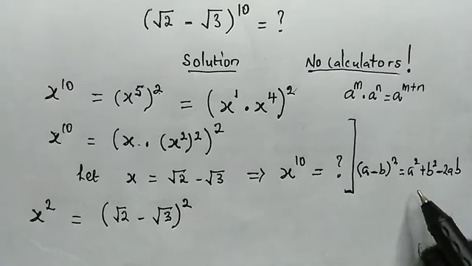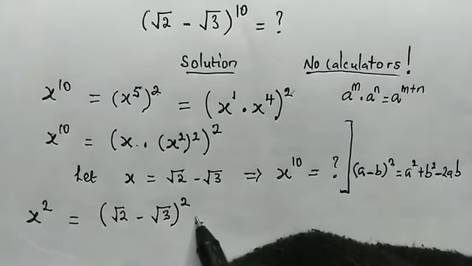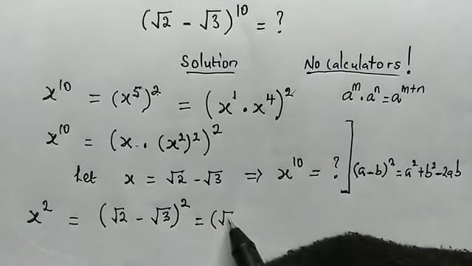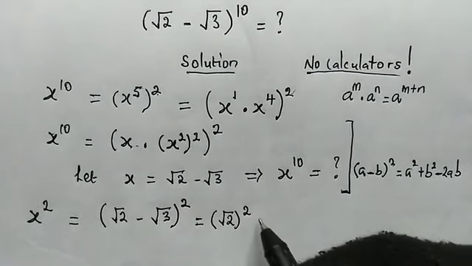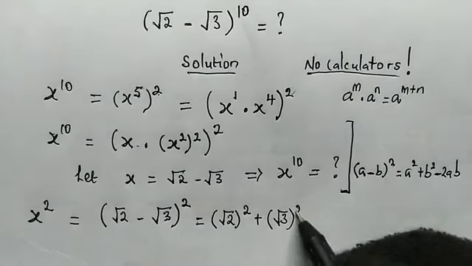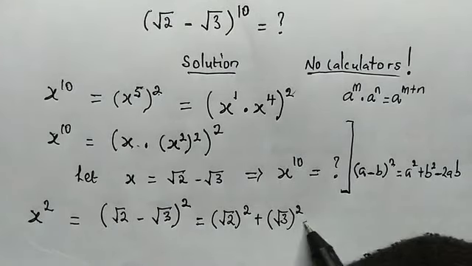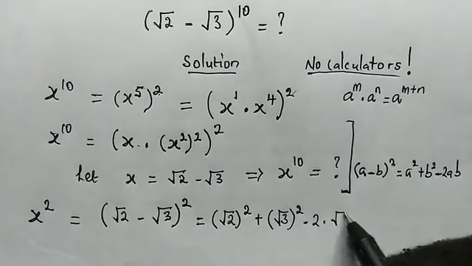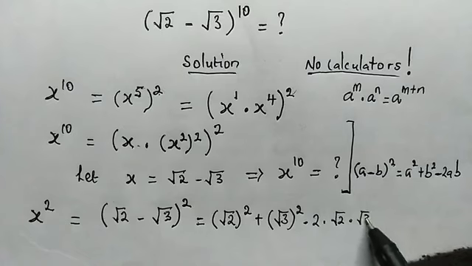Okay, so using this identity here, this is going to be equal to the first term squared, which is root 2 squared, plus the second term here, root 3 squared, then minus 2 times root 2 multiplied by root 3.